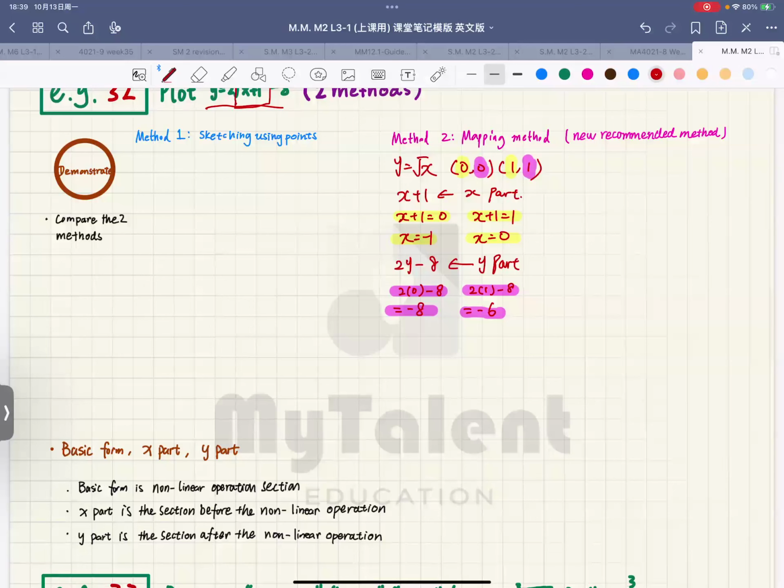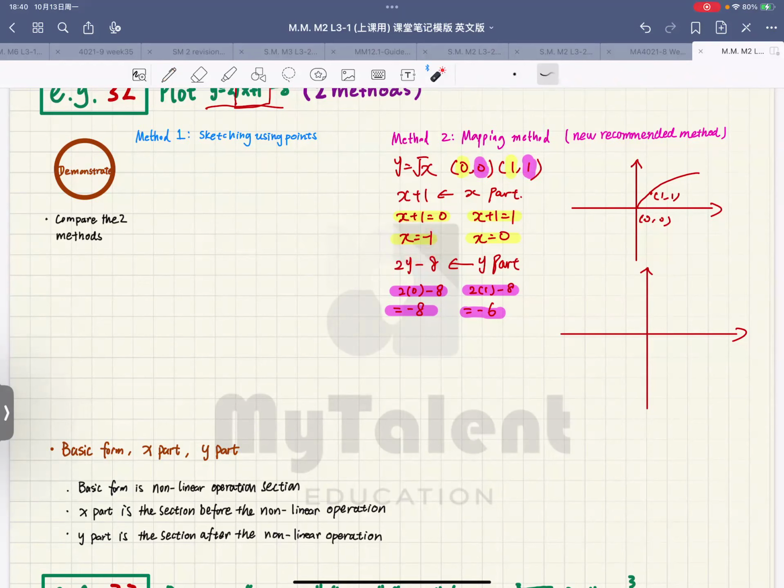Okay. So basically, we don't need to substitute all these points. We can find the key points, and that's the graph. That's the basic graph. So the basic graph looks something like this: 0, 0, 1, 1. But after the transformation, we have x equal to -1, y equal to -8.